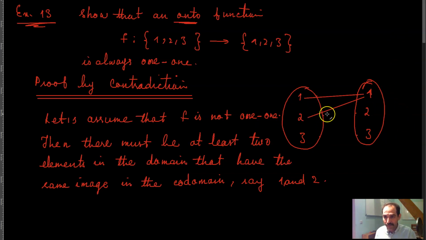Now what remains here, if I make this assumption, is that f of 1 is equal to 1 and f of 2 is equal to 1.